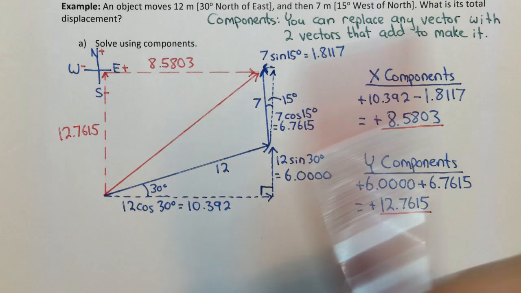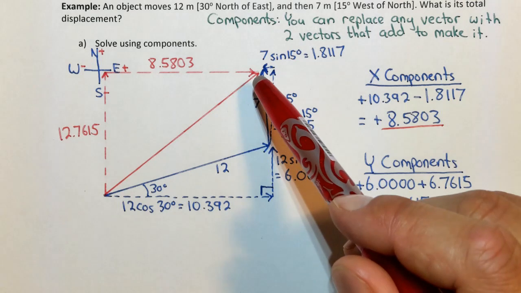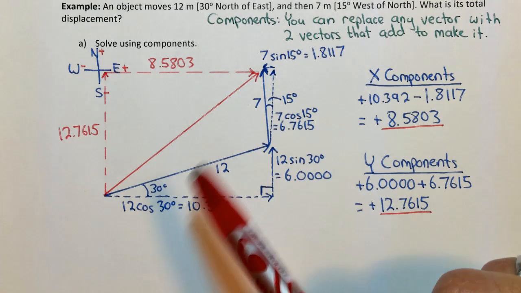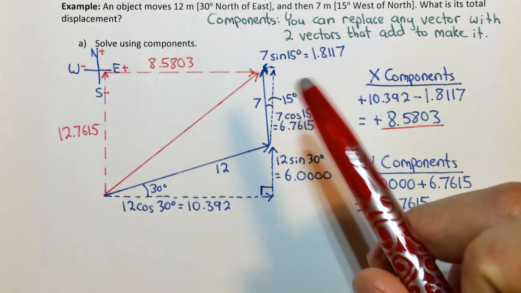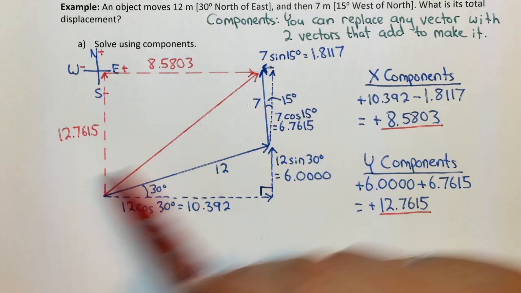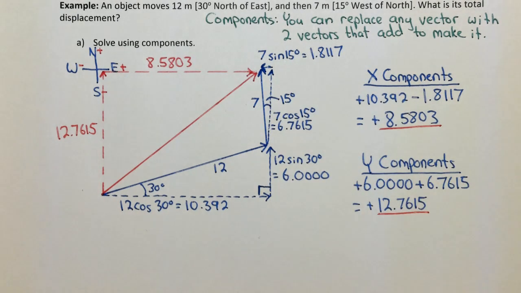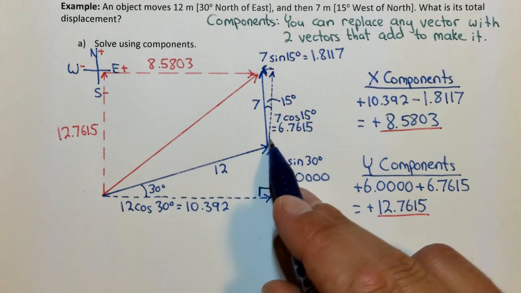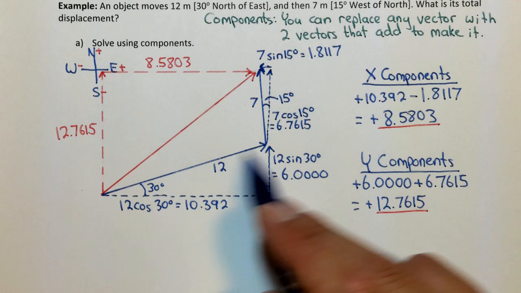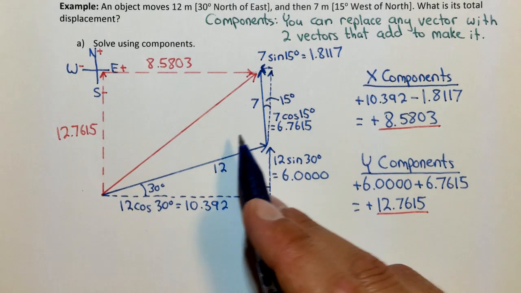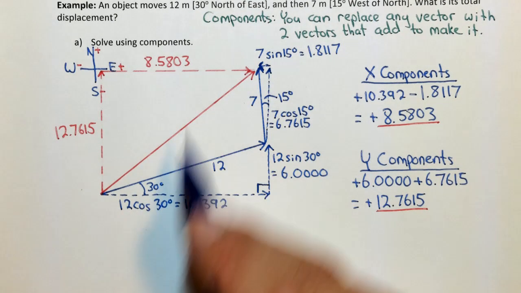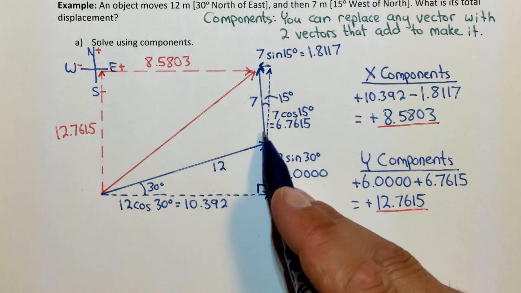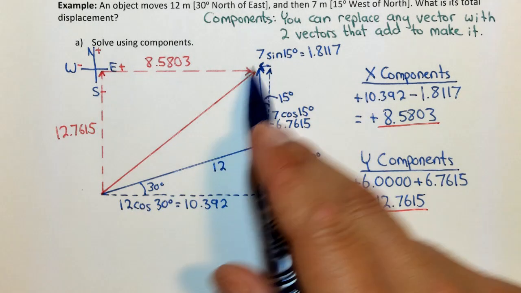So I still need to find my overall resultant, but that's going to be a little bit more straightforward now, because I have now a right-angled triangle. And this is kind of the trick with this components method, is I started with this triangle here, right in the middle, that I did not like because it did not have a 90-degree angle in it anywhere. And I've kind of reduced it, or I've gone around it by looking at this triangle, and this triangle, and this triangle.